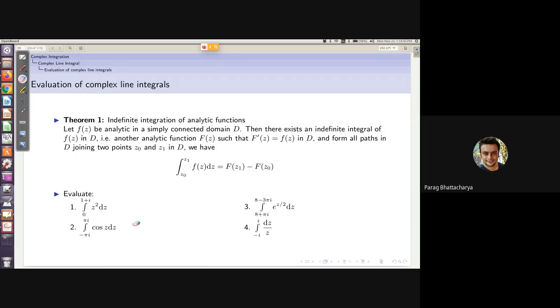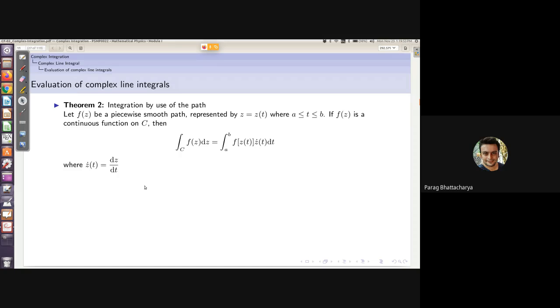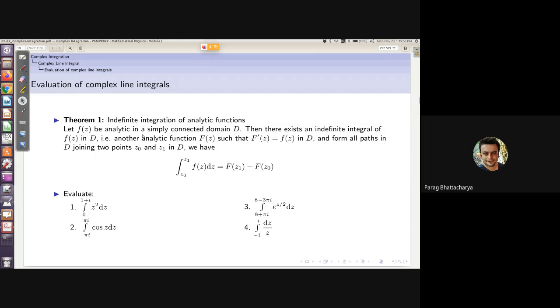You can do it at home. Please try these. The remaining three, you just try them at home. So we'll now go to the next one. Now you can directly integrate the function.